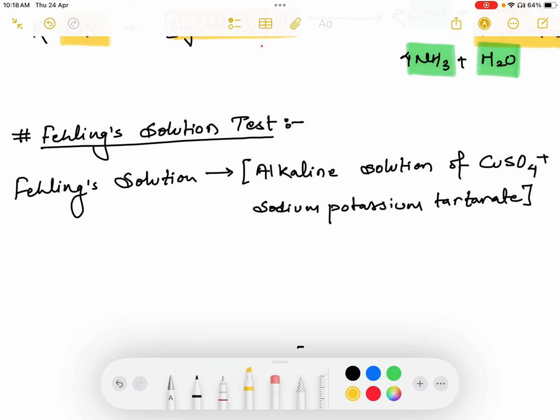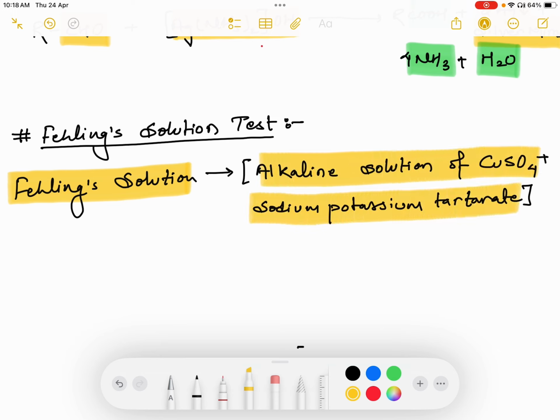Okay. So basically, I don't think it will come in the exam, but still you need to know. What is Fehling's solution? It is an alkaline solution of copper sulfate in which some sodium potassium tartrate is added.